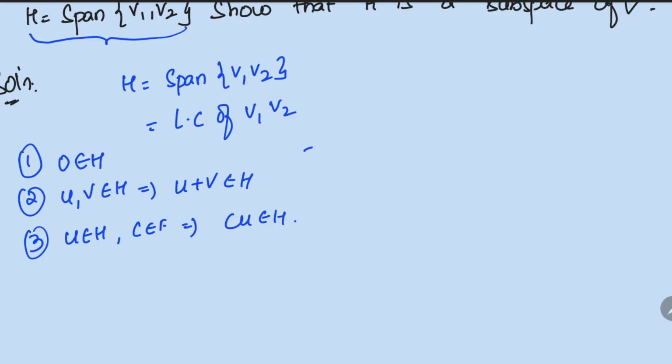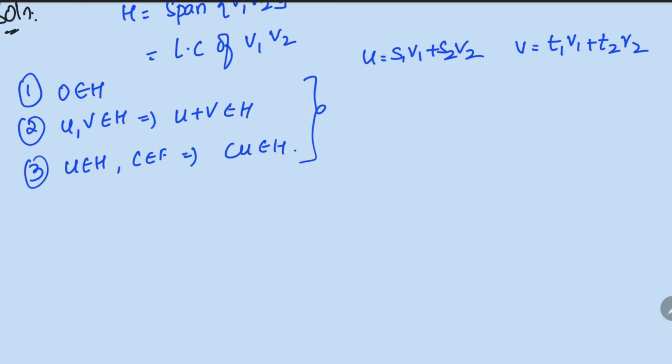So for these things we need u and v, right? I'm writing that they belong to H, meaning they have to be linear combinations of v1 and v2. So I will write u as s1 v1 plus s2 v2 and v as t1 v1 plus t2 v2. First condition: 0 belongs to H. 0 belongs to H means we have a 0 vector.